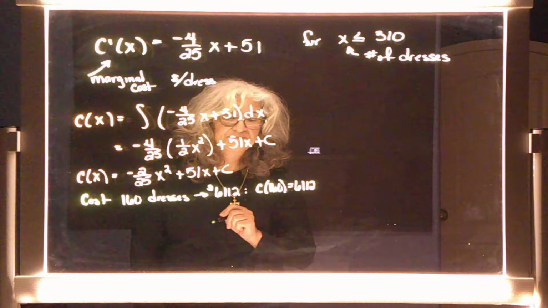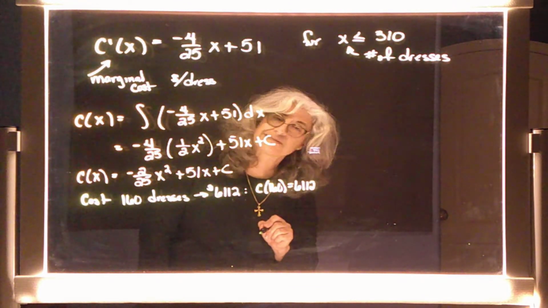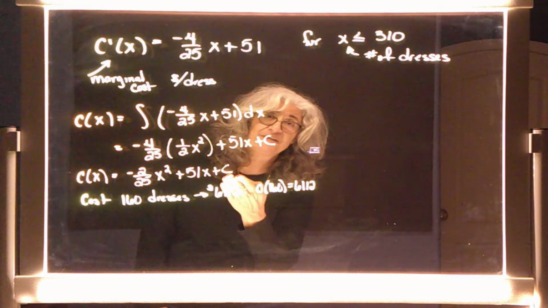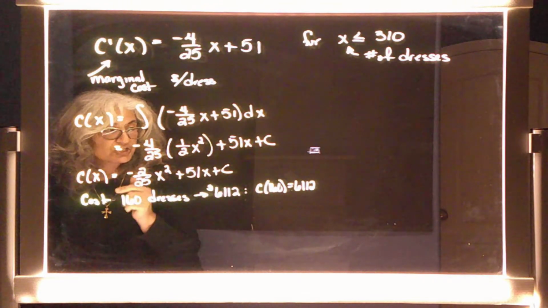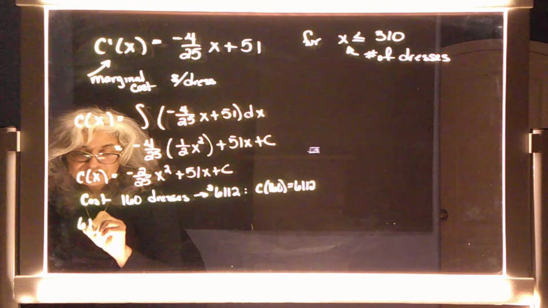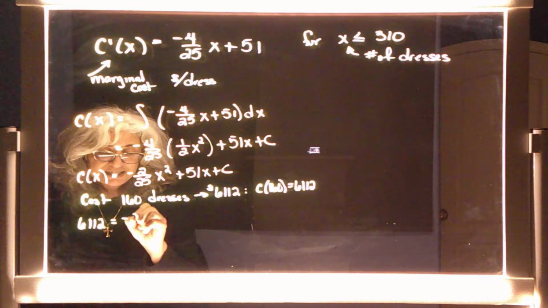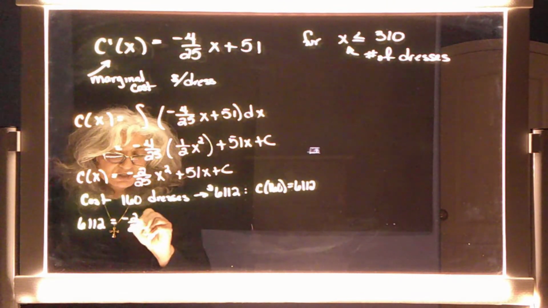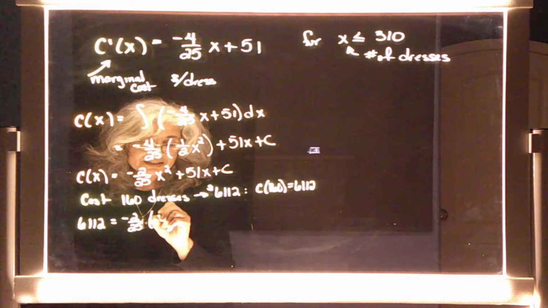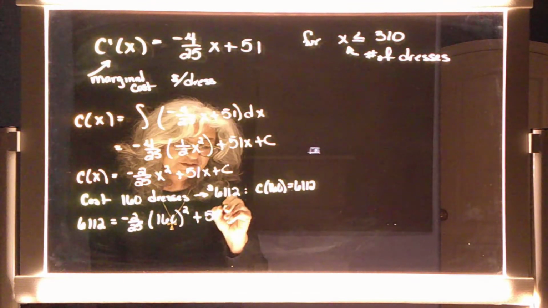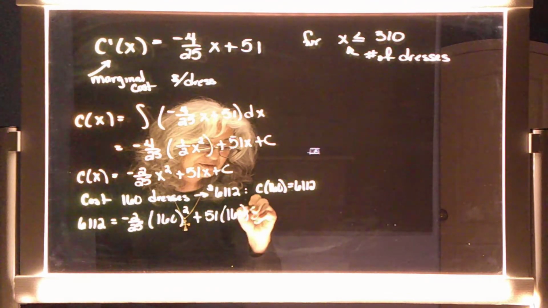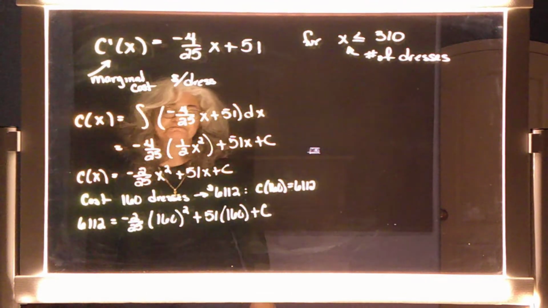Wonderful. So, plug it in because I've got to find that constant C. Agreed? All right. So, we have $6,112 equals negative 2/25 times 160 squared plus 51 times 160 plus that C.